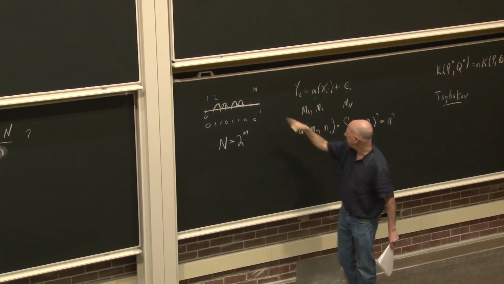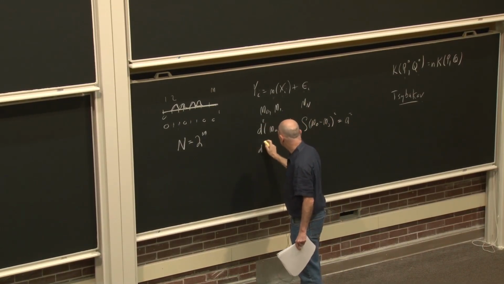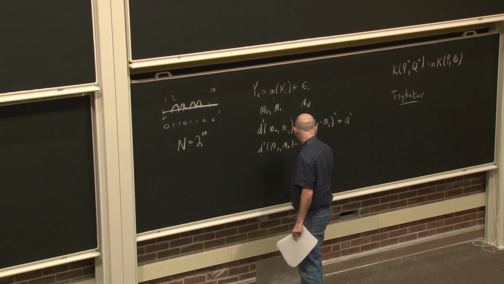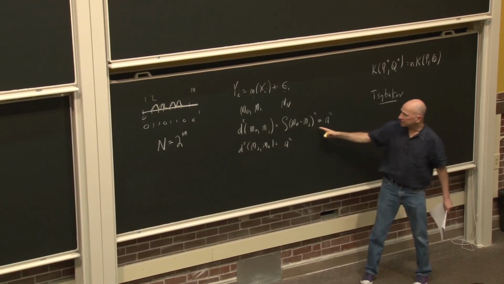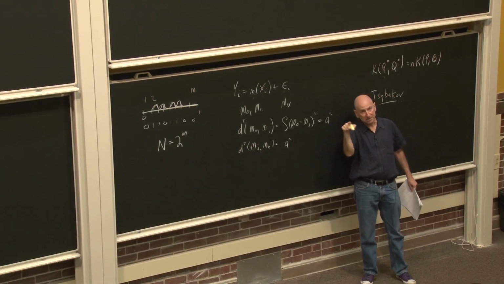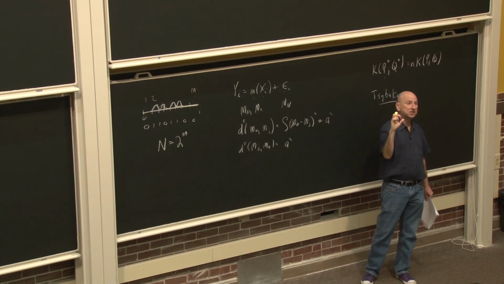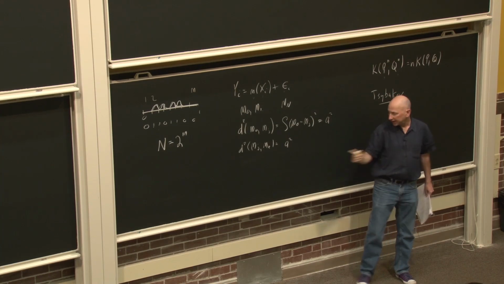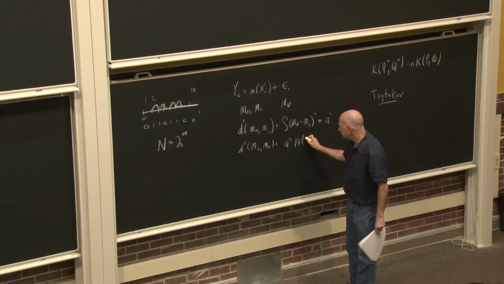More generally, if I take any 2 guys in here, say the distance between mj and mk, I'm going to get a squared times the number of places where they differ, since each one corresponds to a bit sequence of 0s and 1s. Every time they're the same, the distance is 0. Every time they differ, you're going to get that integral over that little bin. And what's that? That's called the Hamming distance.